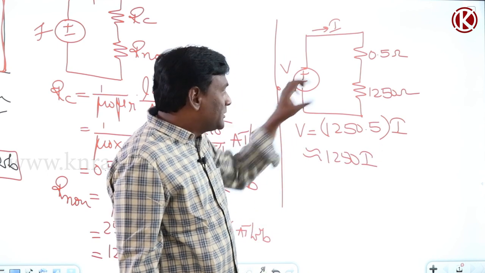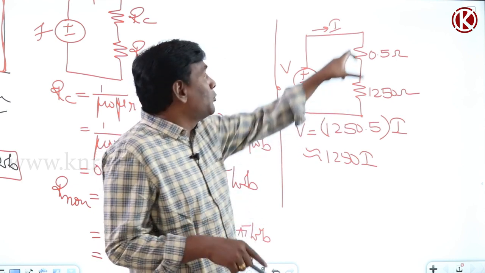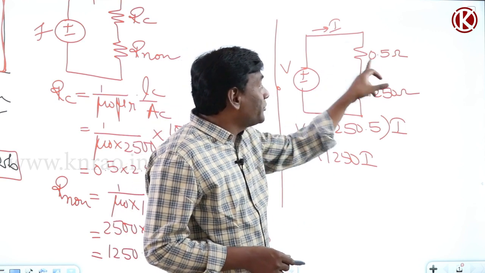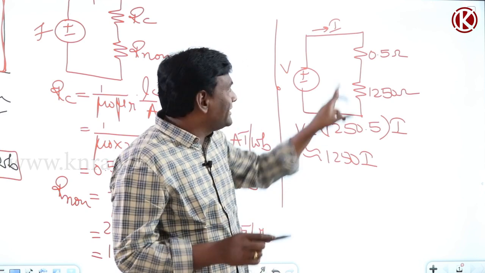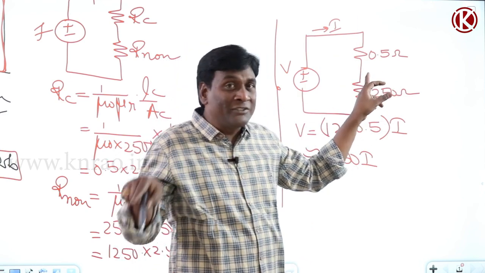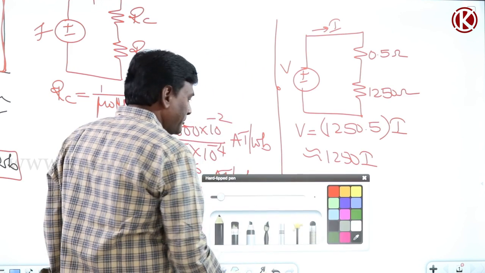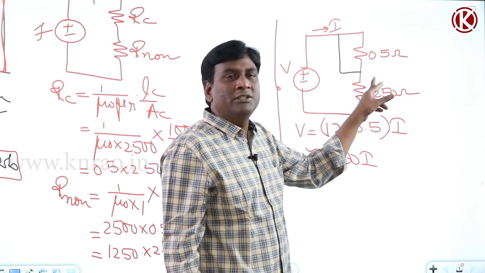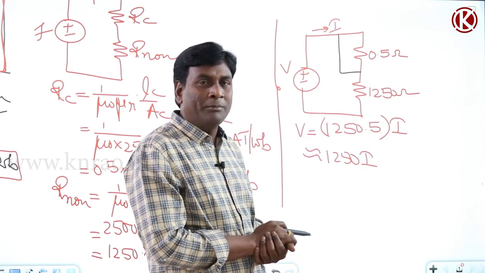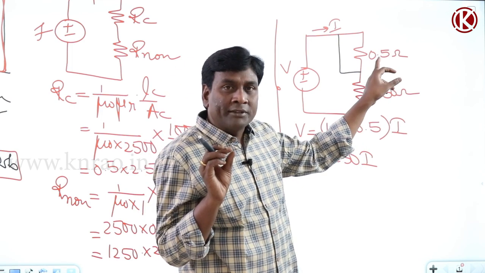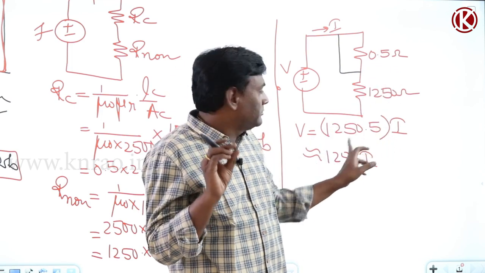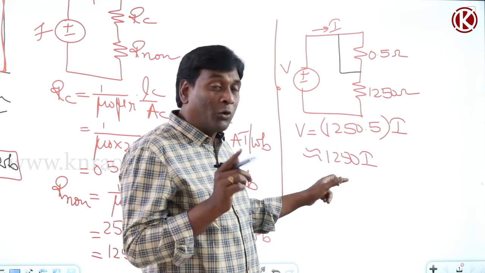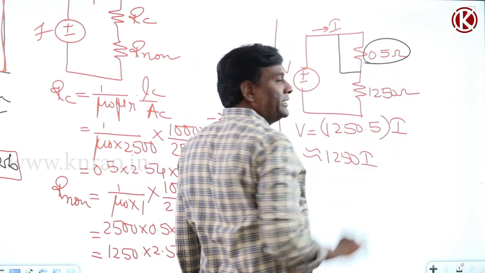Because this particular resistance is 2500 times more compared to the other. Under those conditions I can neglect the existence of this on paper in the analysis. The existence of this 0.5 ohms will be there in the physical network, but on my paper I can short circuit it, because even if I short circuit it, nothing is going to happen. So 1250.5 I can be approximated as 1250 I. So the moment I approximate from here to here, what does it mean? My 0.5 ohms can be neglected.